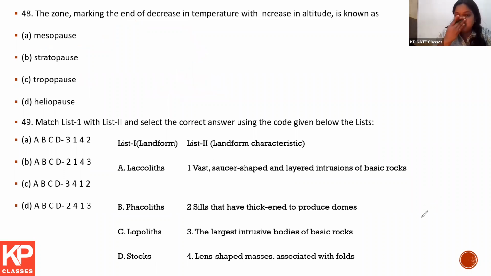That particular process completely ends at the mesopause. So I guess the answer is mesopause. Both at the tropopause and mesopause, a decrease in temperature with increase in altitude is happening, but since they have mentioned marking the end of the decrease, the answer would be mesopause.